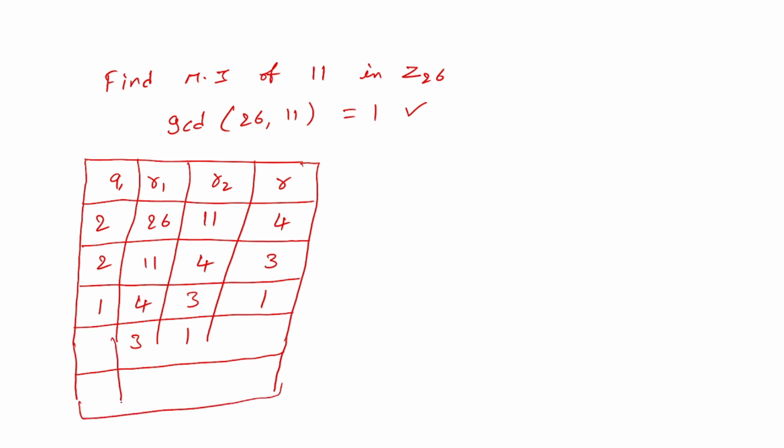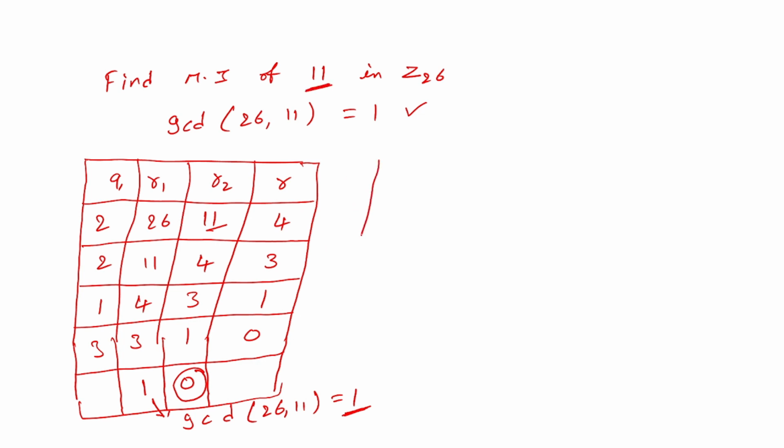And 1 threes are 3, remainder is 0. 1, 0. So here you need to stop the process because the second value is 0, and this is the GCD of 26 comma 11. GCD of 26 comma 11 is equal to 1. That means we have a multiplicative inverse for 11.